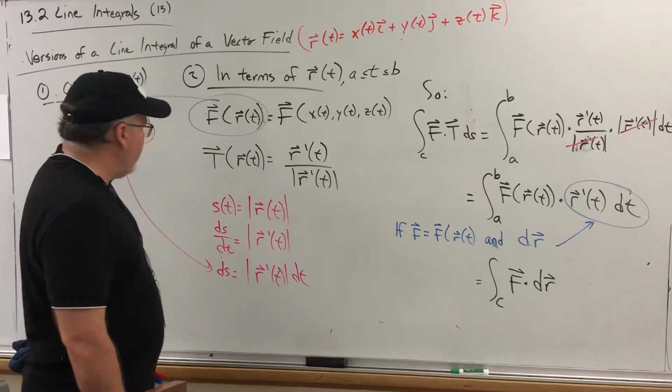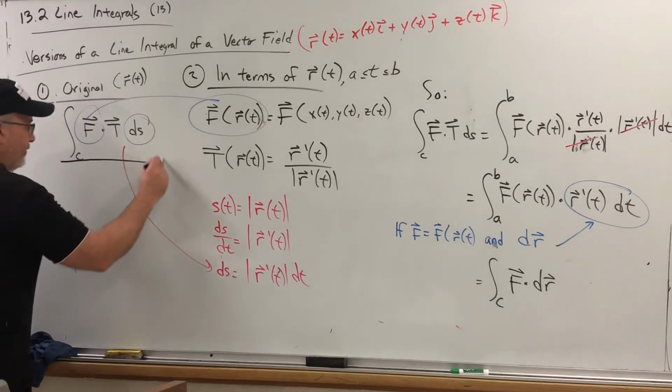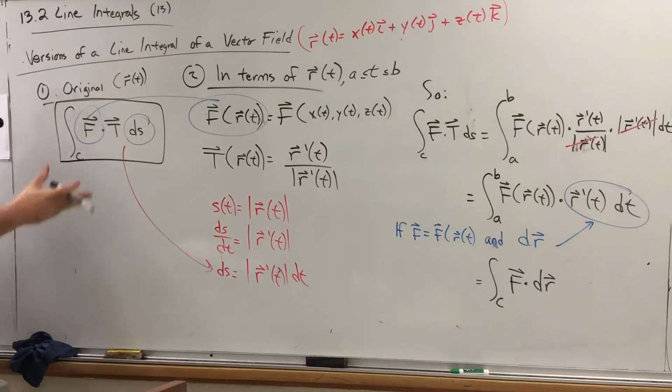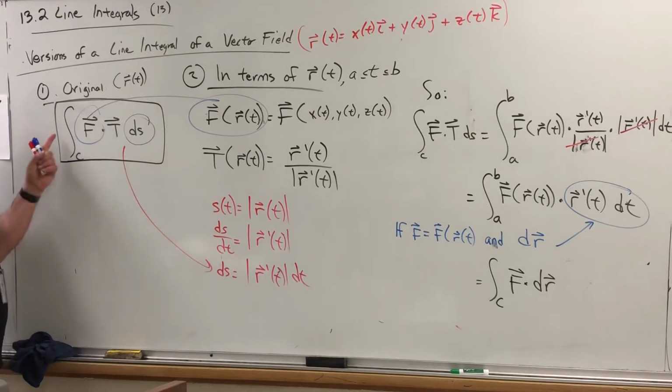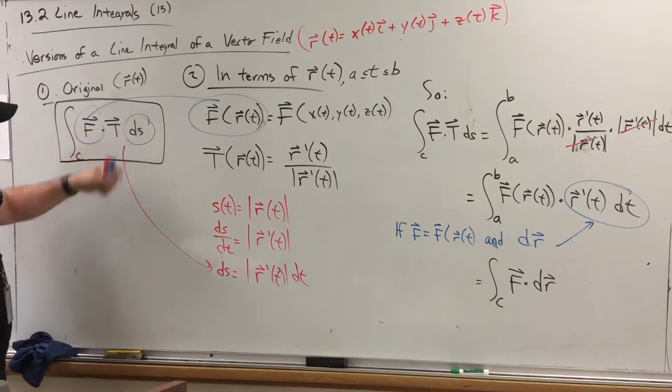So there's 3 ways to view a line integral over a vector field. The way that falls out from the Riemann sum, the line integral over the curve C of the vector field dot the unit tangent vector ds.